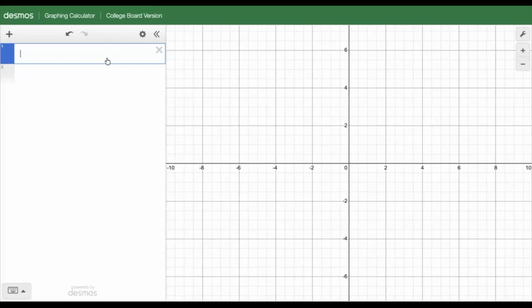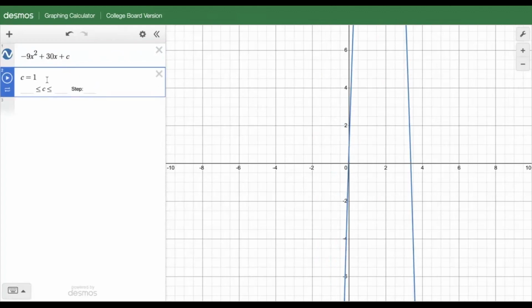And what you can do is just type it in as is. So negative 9x squared, and then plus 30x plus c. And then just add the slider.